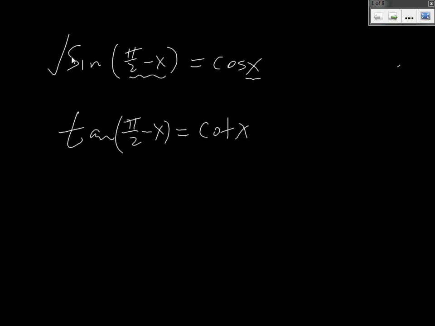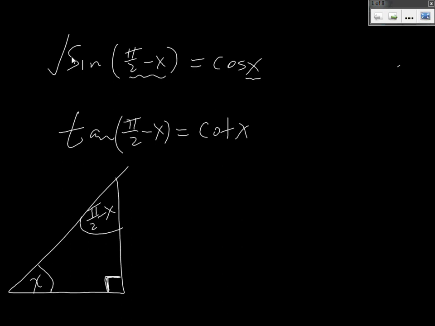I claim that those two are equal. Get our hands dirty. Here I'll put x, and over here I'll put pi over 2 minus x. Remember, if this is pi over 2, 90 degrees, then these two have to also add up to pi over 2. And they do.